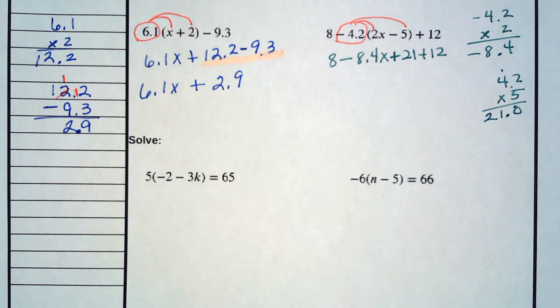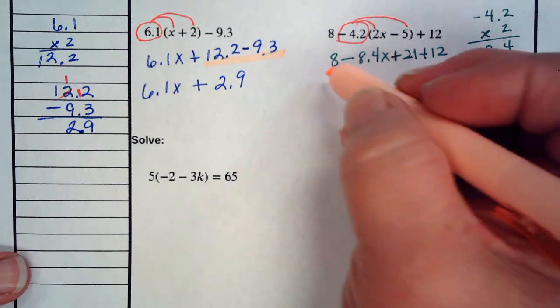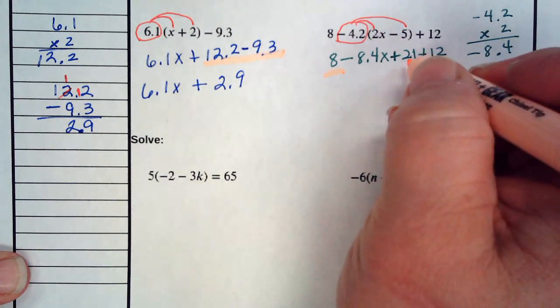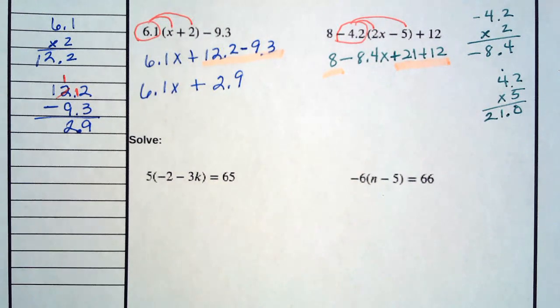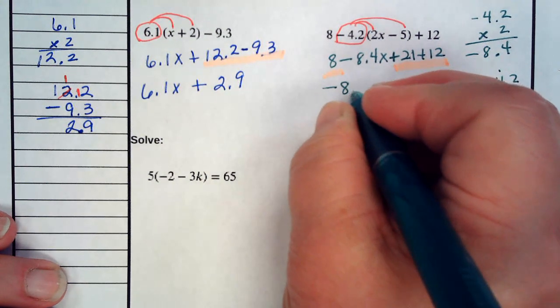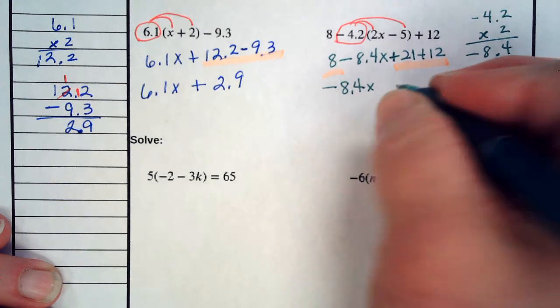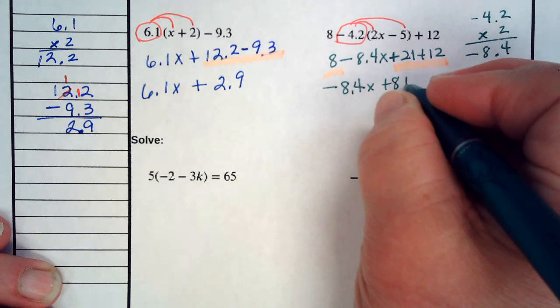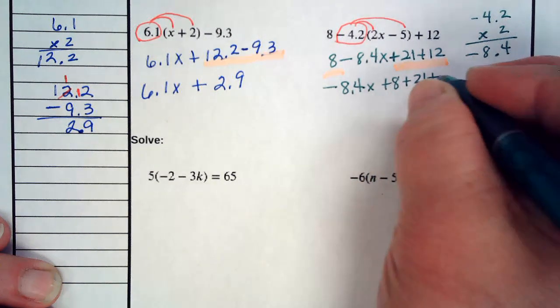I've got 3 numbers I've got to combine now. I start with the negative 8.4x plus 8 plus 21 plus 12.